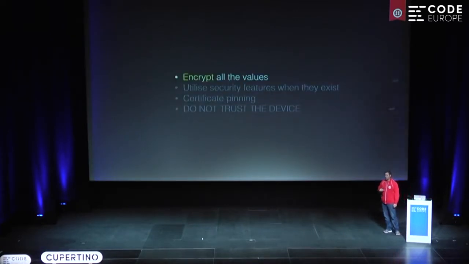One of the first ones, which is a really simple thing, is they could have encrypted the values. Remember when I showed you a slide that had every single value in plain text? They could have encrypted those values. There was a talk about encryption earlier today where the speaker was talking about ways you can encrypt values and obviously how each encryption method can be broken.